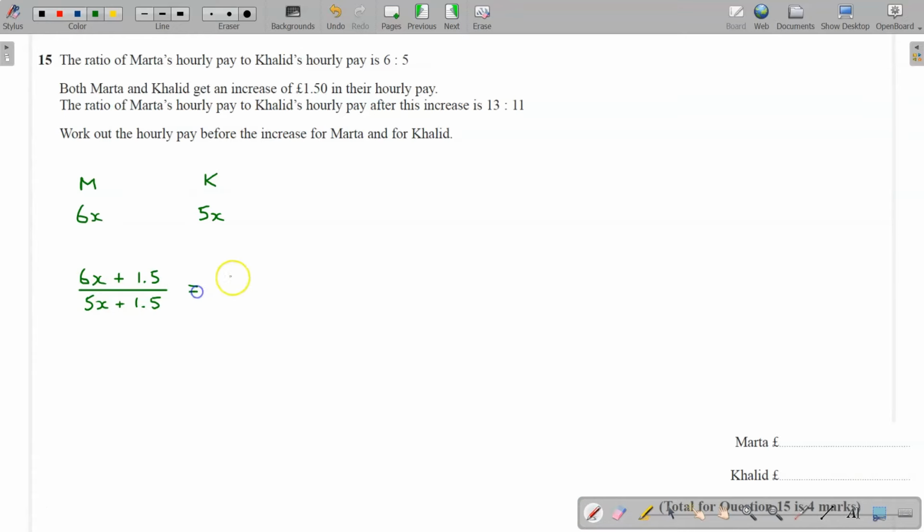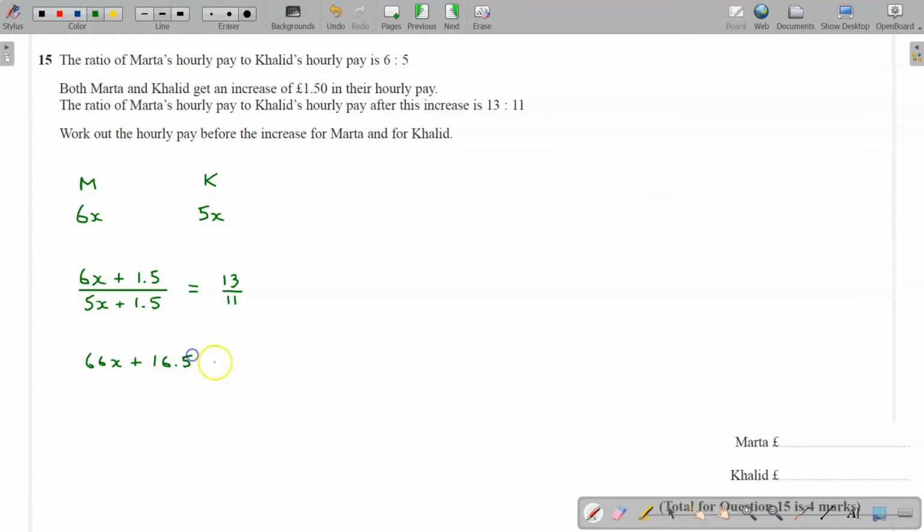Okay, and then we can do some cross multiplying. So we put the 11 up there with that and this up here with the 13. So we end up with 11 times 6x plus 1.5. So 66x plus, now 11 times 1.5 is 16.5.